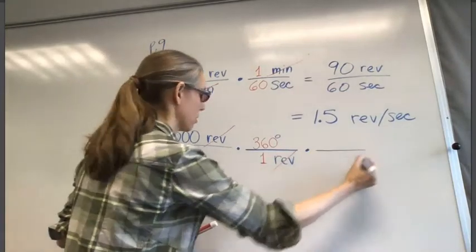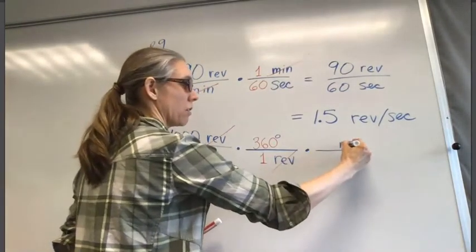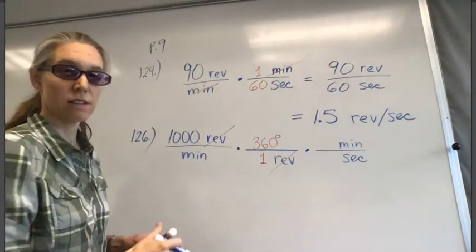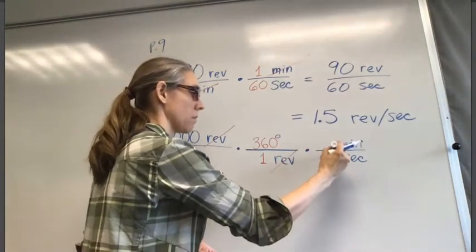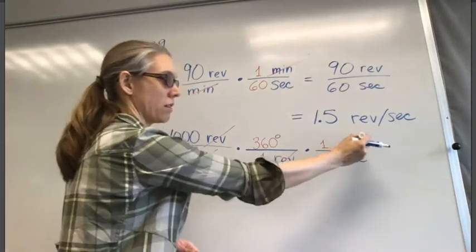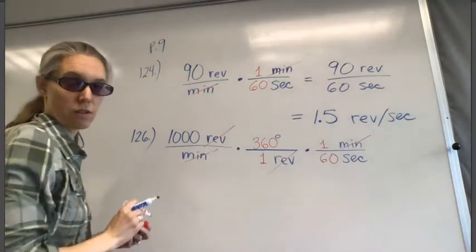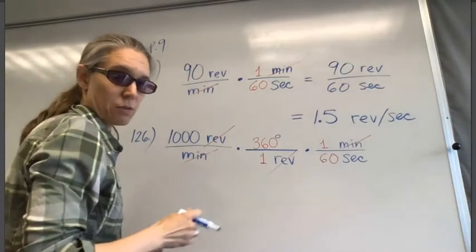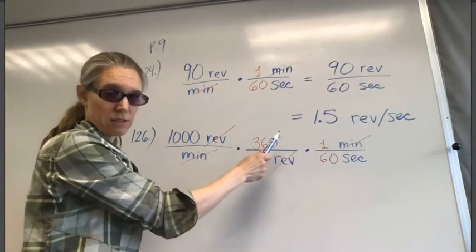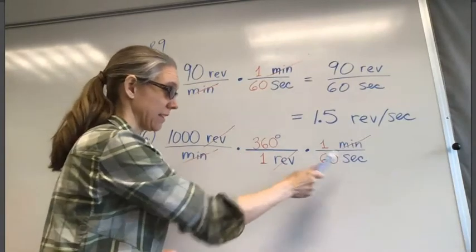So I multiply now by another unit conversion, minutes to seconds. There are 60 seconds in 1 minute. Now the minutes cancel. One is in the numerator, 1 is in the denominator. So what this leaves me with is 1,000 times 360 degrees over 60 seconds.